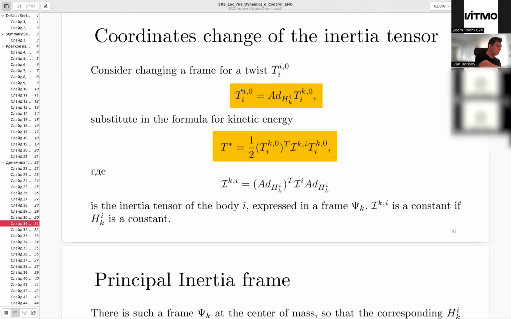So you can change the frame of representation, and you can change the coordinate representation for the twist such that the motion will be represented in the principal frame. And this is why we need a joint matrix here.